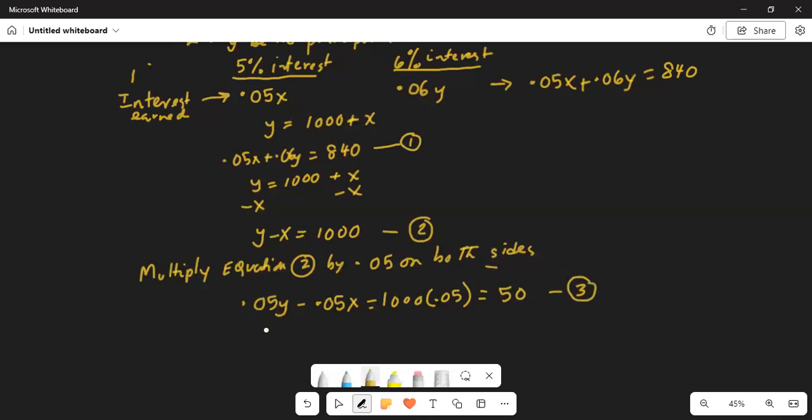Okay, and my equation 1 is 0.05X plus 0.06Y. Let me erase this. I will write the first equation in a slightly different way. I will bring the 0.06Y in front, and then plus 0.05X is equal to 840.